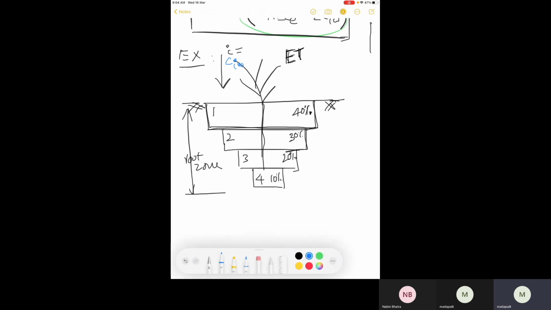So let's say ECIW, irrigation water, that will be 1 decisiemens per meter. So that's the irrigation water which has been applied. And I, irrigation water, is 1176 mm. This is per season.